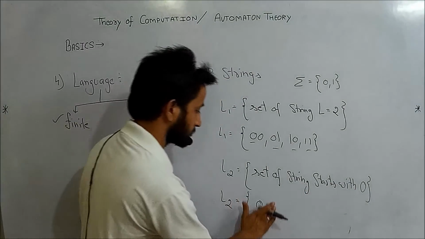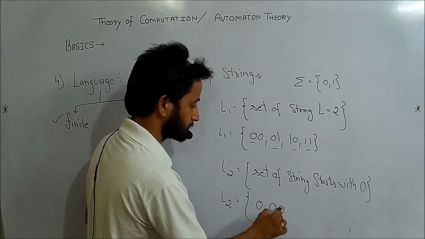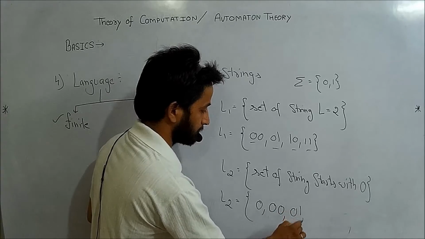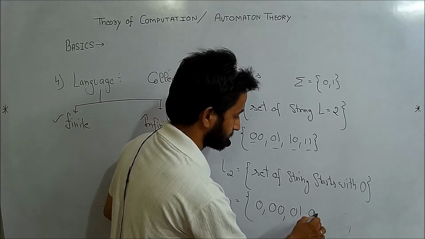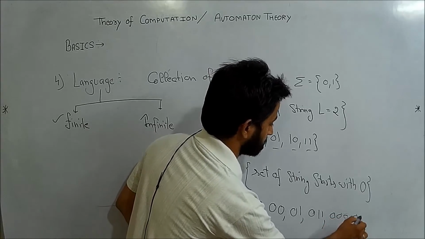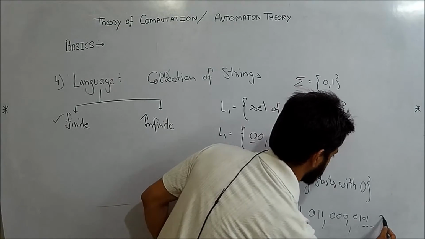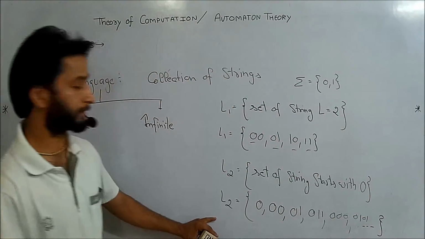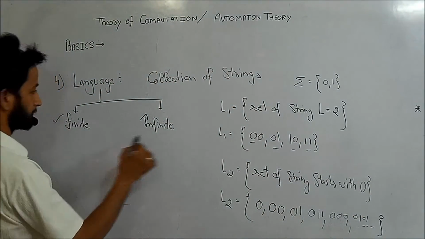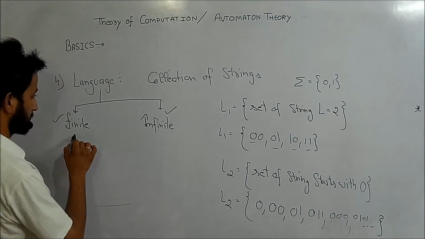Next possible is 0 0, next is 0 1, next possible is 0 1 1, or 0 0 0, or 0 1 0, and so on. So this is the case of infinite language.